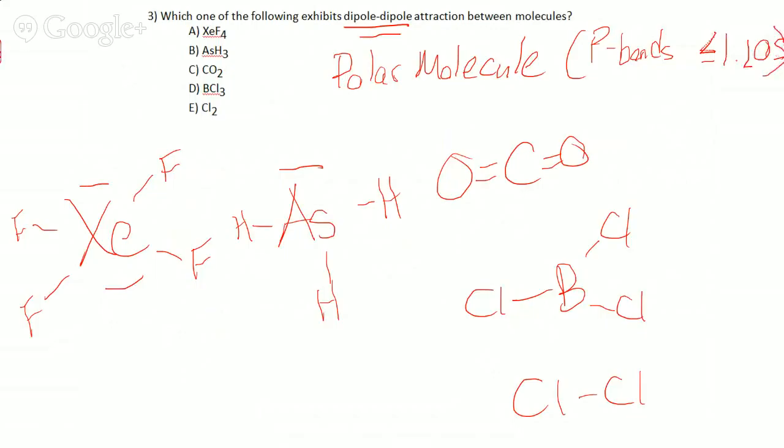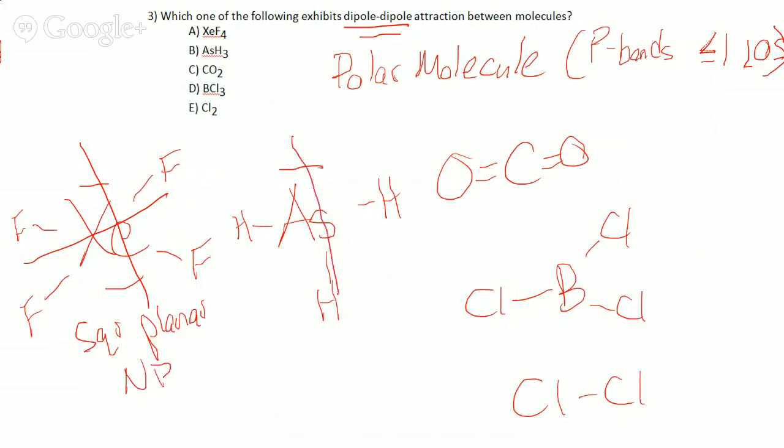So we're looking at these options. Which one does that apply to? If I had XeF4, I've got multiple lines of symmetry here. This is a square planar molecule, so it's going to be nonpolar. If I look at AsH3, there's only one line of symmetry there, and polar bonds. So this would be a trigonal pyramidal shape, and it would be polar because it only has that one line of symmetry.